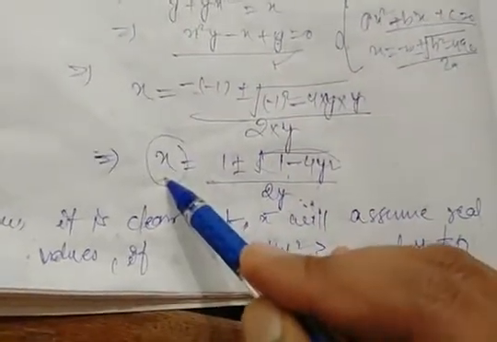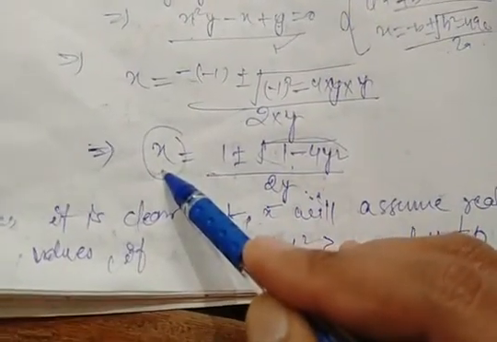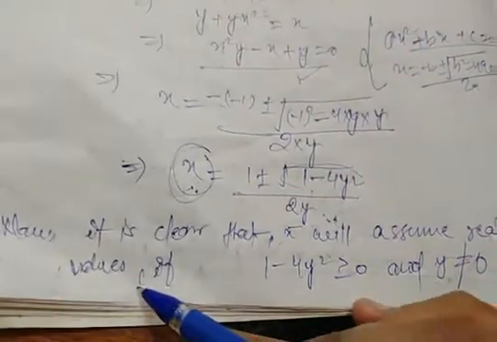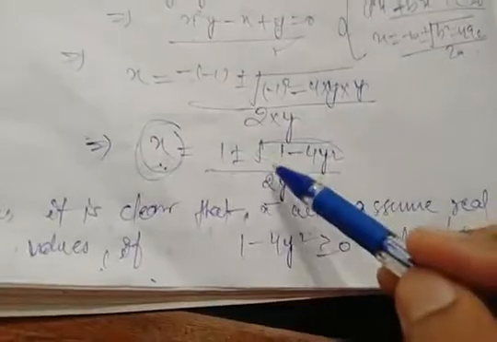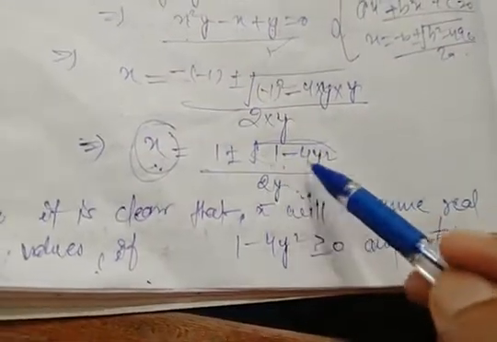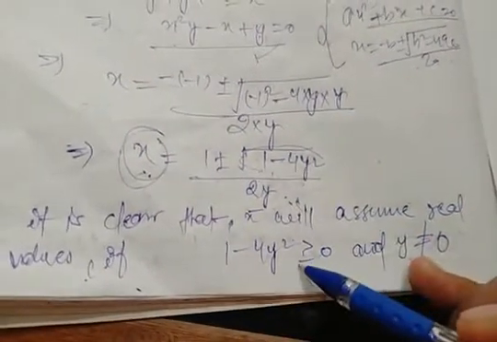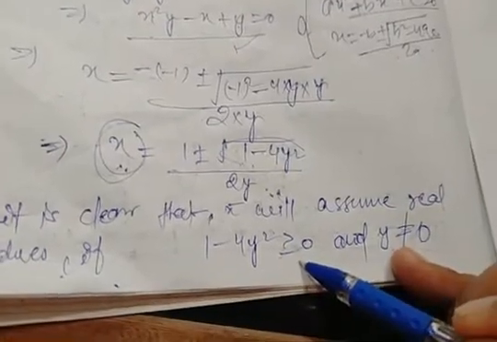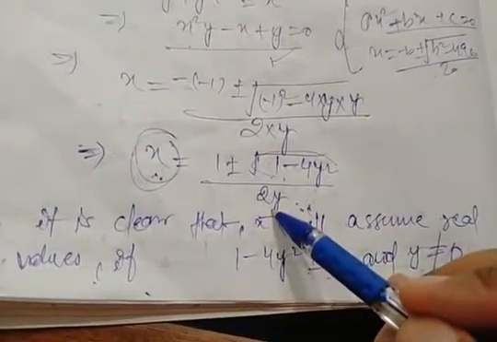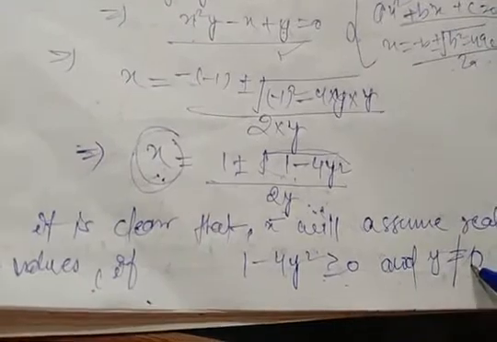x will assume real values if the value of square root of 1 minus 4y square is always greater than or equal to 0, and y doesn't equal 0.